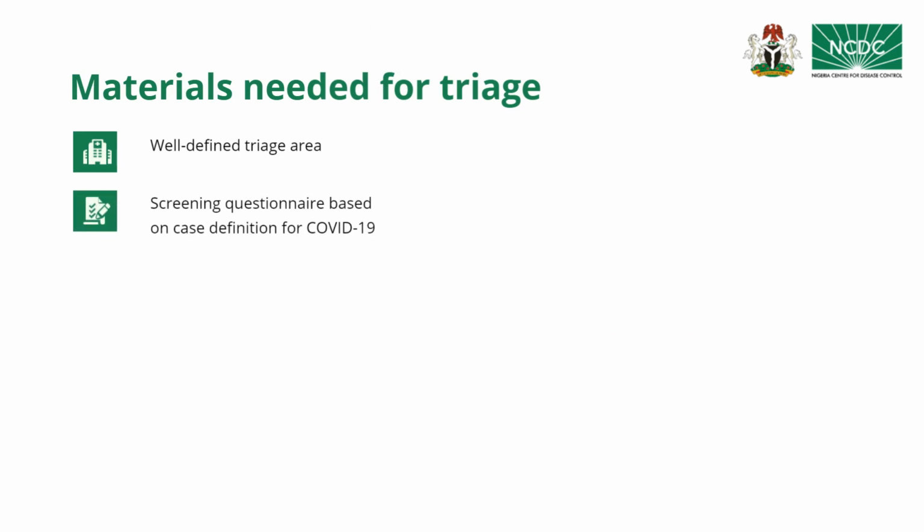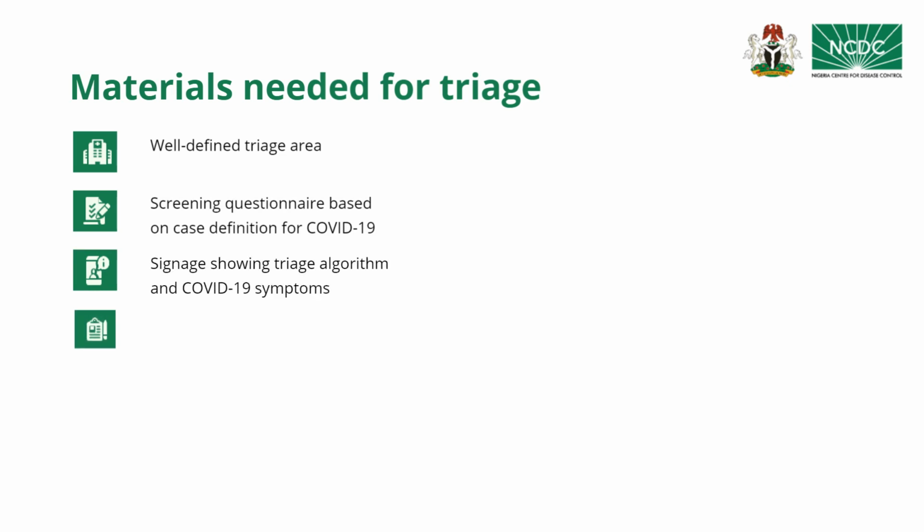The following materials are needed for triage. The triage area should be well defined. Screening questionnaires based on the COVID-19 case definition. Signage showing triage algorithm and COVID-19 symptoms. Screening register.